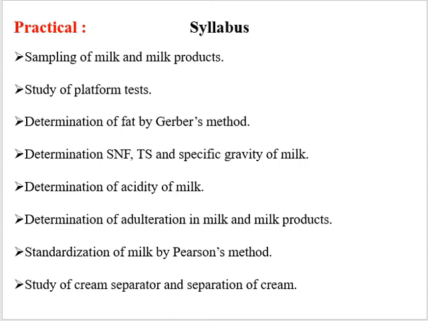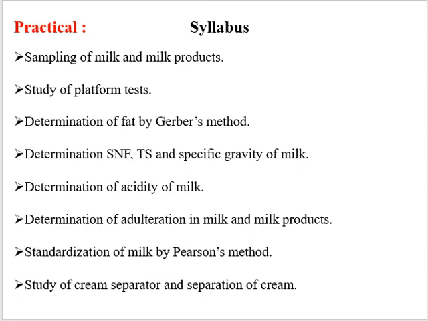Then the various tests in the platform tests. The first one is the COB test, clot on boiling test. The second one is the alcohol test. The next one is the Resazurin test.